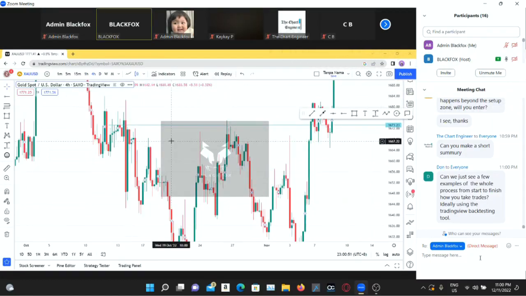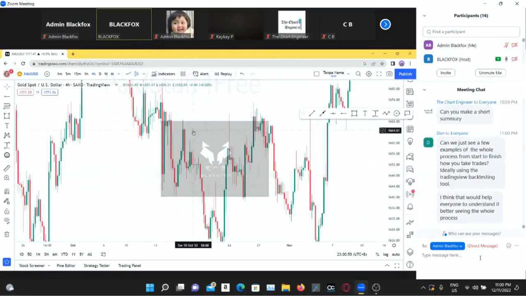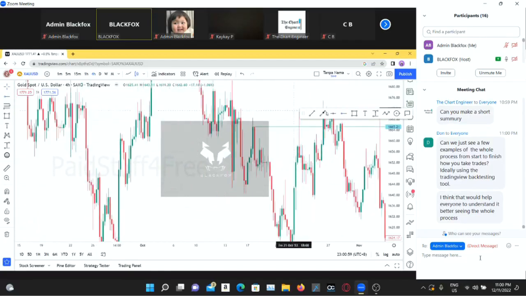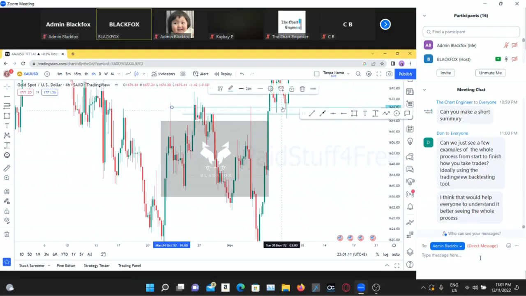If we use breakout setup, we have two levels: sell breakout at resistance, and this one, the base level. So this one is for breakout setup.